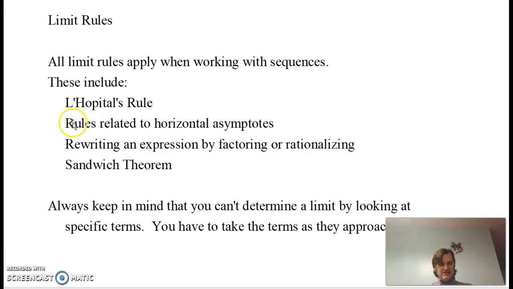Rules for horizontal asymptotes: when we have a polynomial over a polynomial, we compare the exponents, the degrees. Sometimes we may end up rewriting an expression. We might be able to cancel something out and get something simpler. There's a sandwich theorem that is also helpful. This we can talk about.